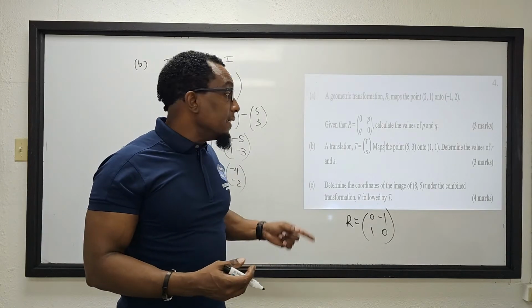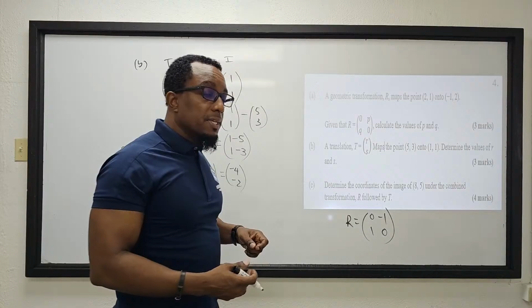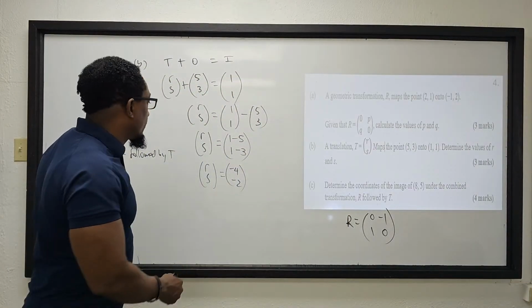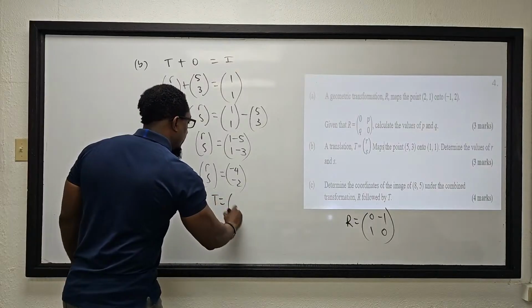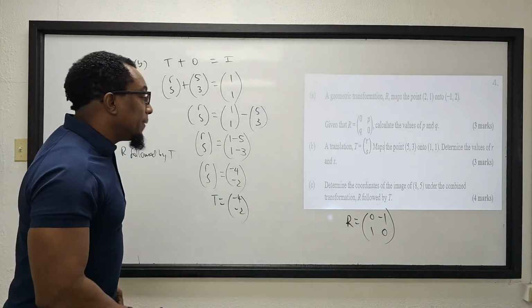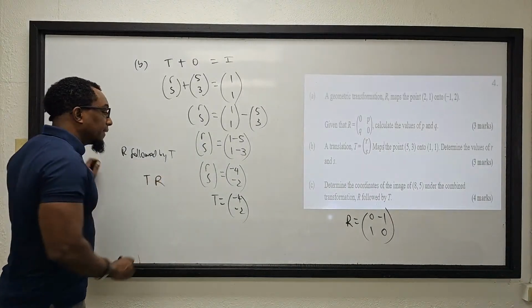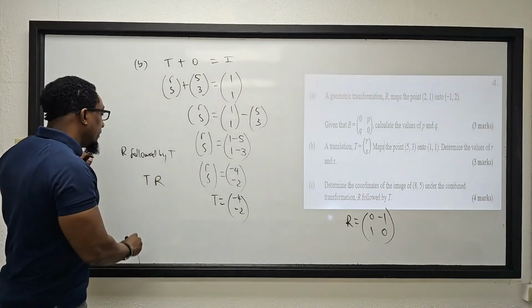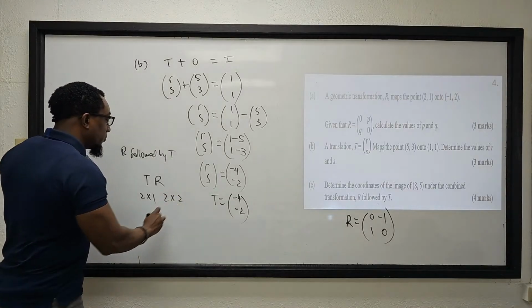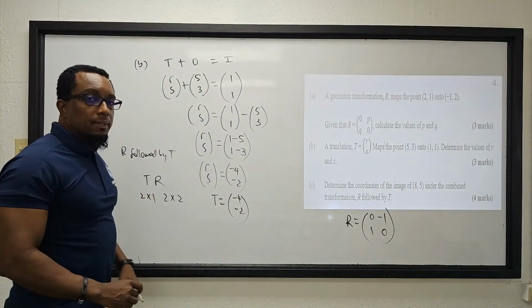We have to be very careful, especially with these two matrices. R is a 2 by 2, and T is a 2 by 1 matrix. So if we place it in the order TR, that would not make sense, because we cannot multiply T, which is a 2 by 1, by R, which is a 2 by 2. They are not compatible. Alright?